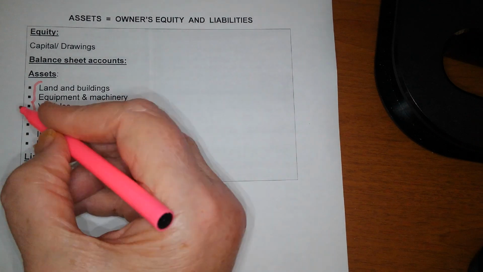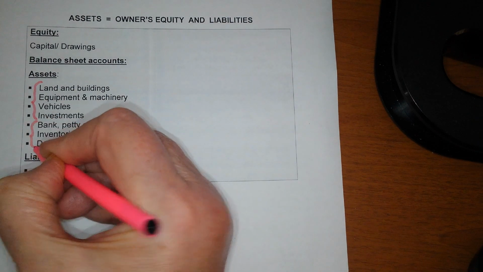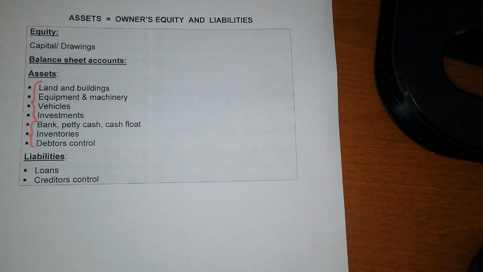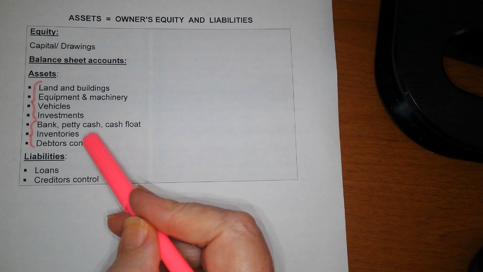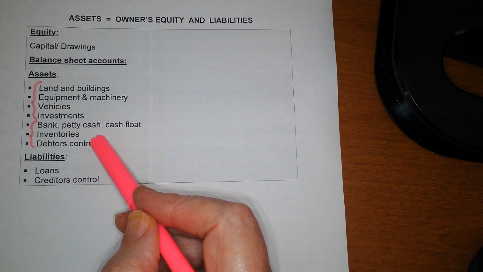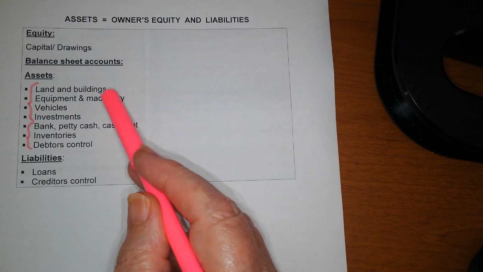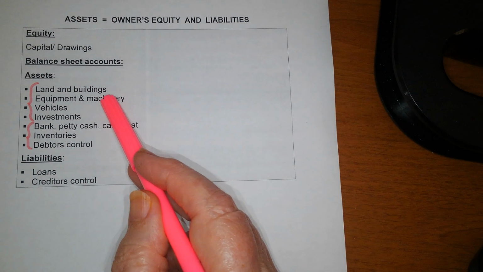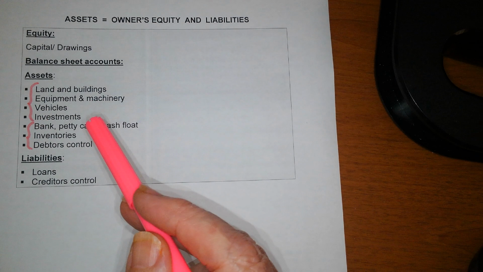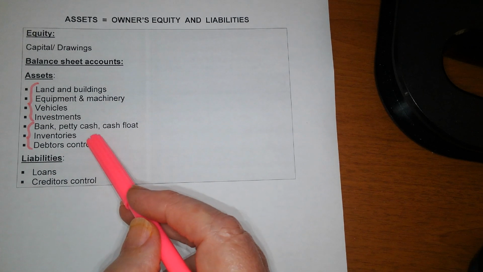Then all the money in the bank, inventory and debtors will change regularly over a short period of time. So this is my current assets. So the assets that will take a long time before they change are non-current. The assets that change on a regular basis will be current assets.